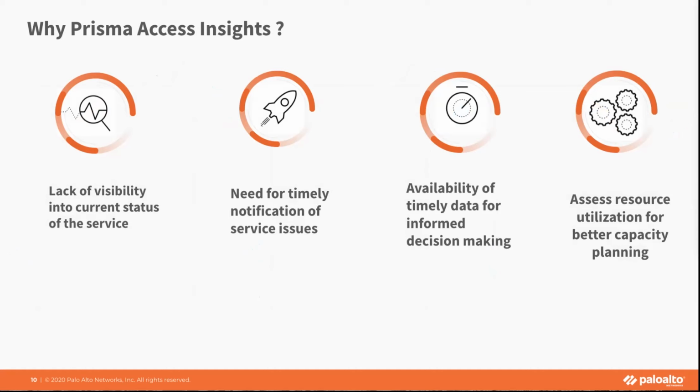Why the Prisma Access Insights? Admins and end users lack the necessary visibility to ensure infrastructure is running smoothly and where the issues lie. Admins need a real-time mechanism to be proactive, alerted of service issues, and given actionable insights for remediation.